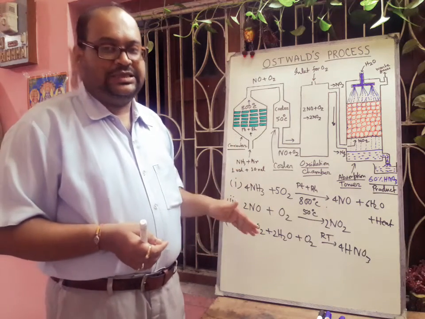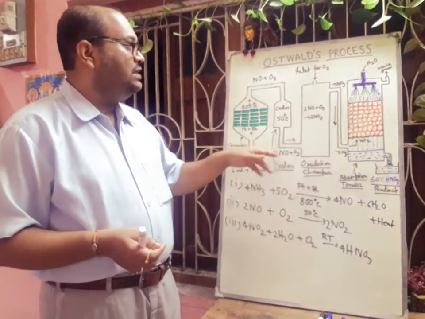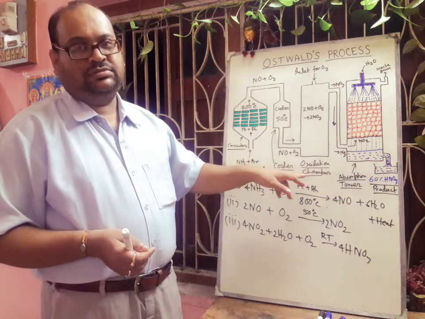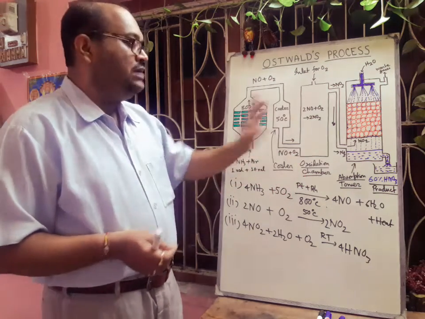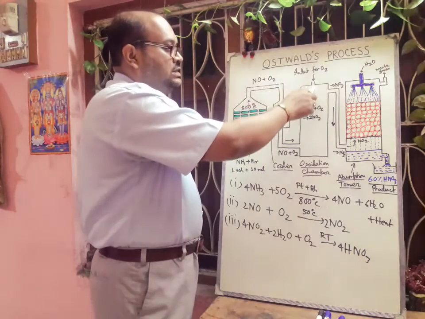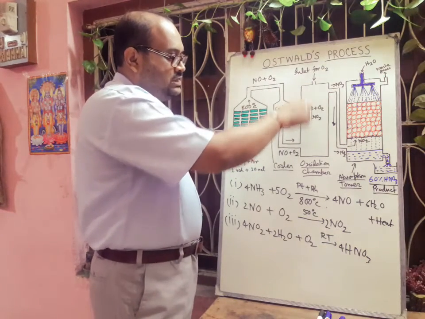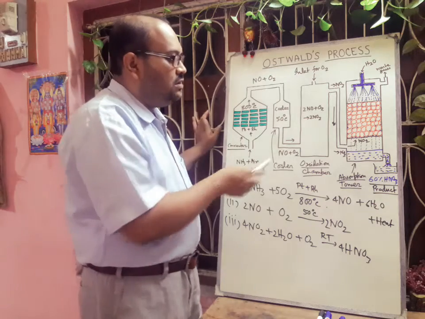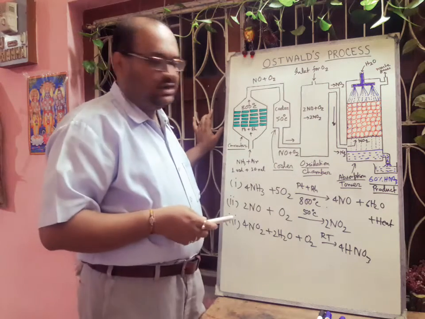Then in the next step, we have to send this nitric oxide and oxygen mixture into the oxidation chamber. Here one inlet of oxygen is there, more oxygen is coming, so it will drive the reaction to the forward side.